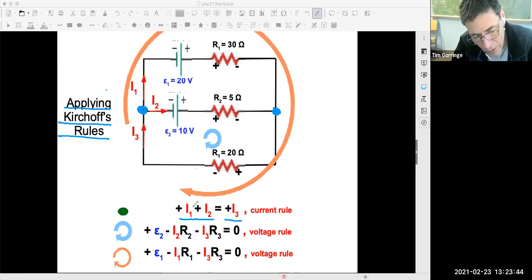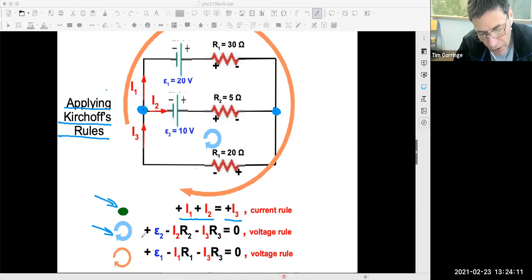Now let's start applying the voltage rules. I applied them twice to get two more equations, so let's look at the two equations I got. The first voltage or loop equation is this one here in the center.